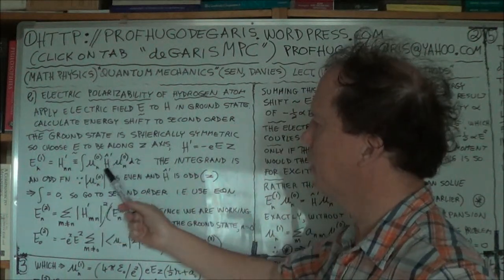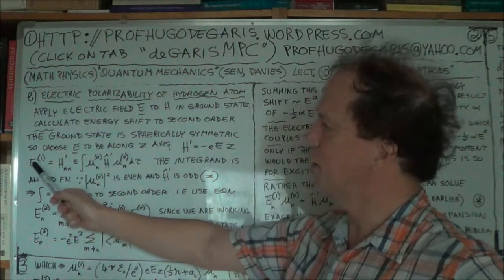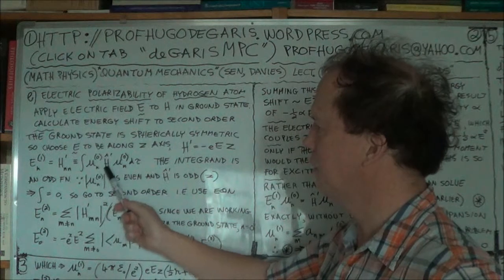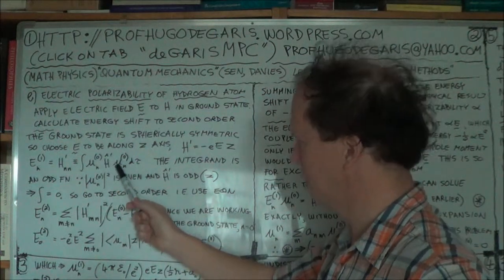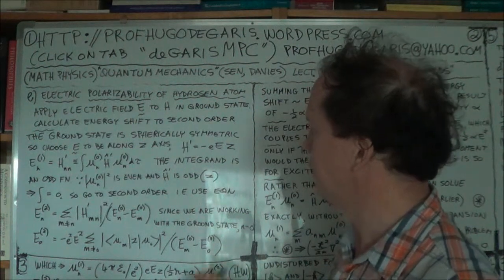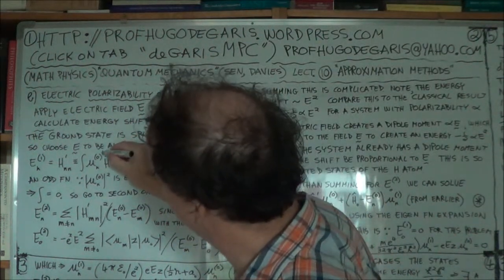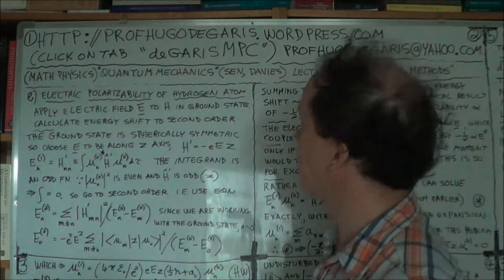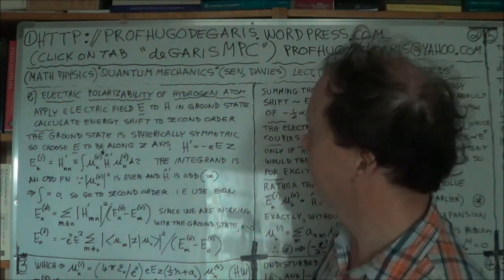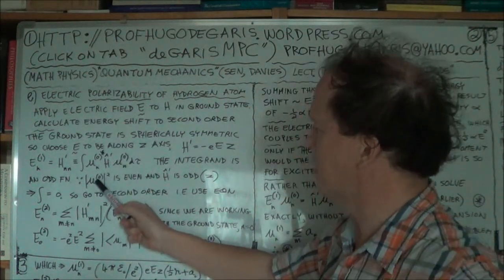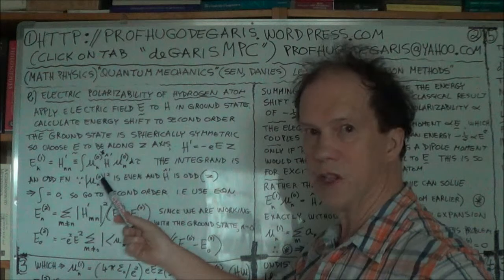You plug it into your first order correction term, which we've done before. So u naught, H hat dashed, u naught. This should have a conjugating term here. So this times this is just effectively this squared, so that's an even function.